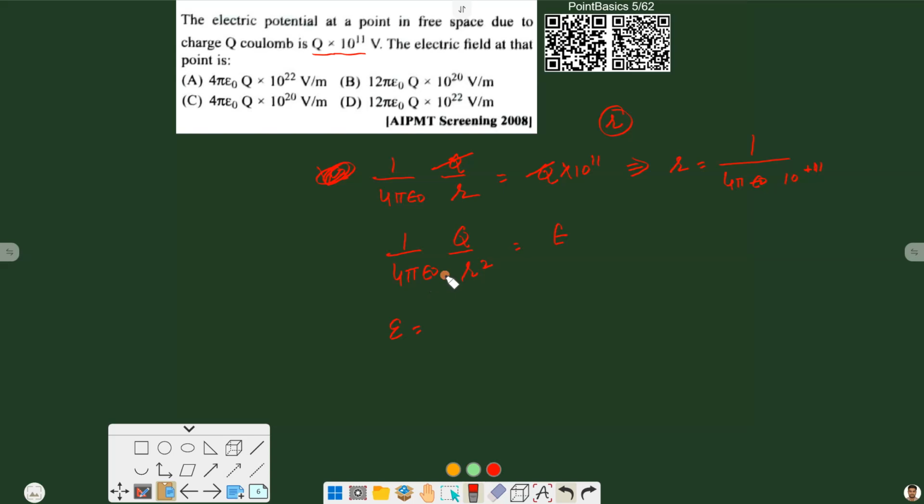Now we will use this value here. So 1 by 4 pi epsilon naught as it is, q as it is, divided by r square. So r square will be 1 by 4 pi epsilon naught whole square into 10 raised to power 22. This whole term will go up.